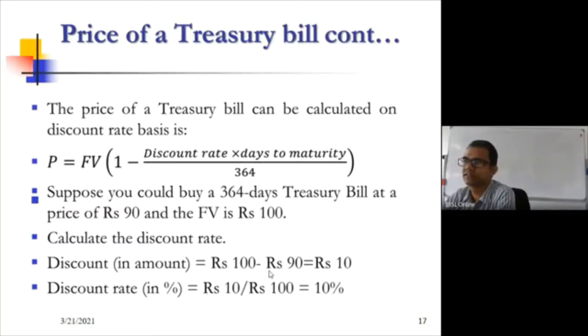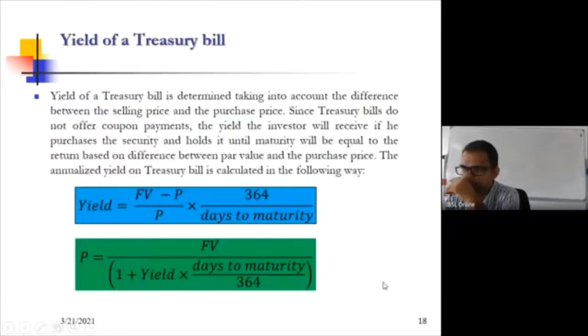So this is price, after including the discount rate and days to maturity. So now you should be able to perform this calculation. This is the relationship between yield, face value, and price. From that only we derive this price equation.